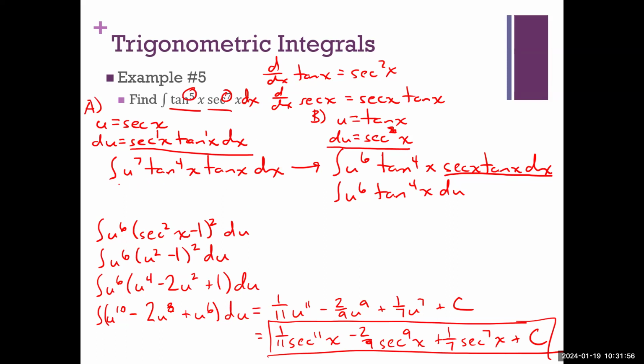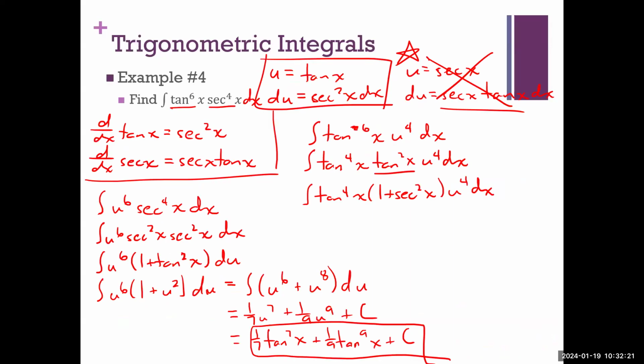So they both only depend on the parity of one of them, and I think this kind of accidentally is evidence for her argument: the fact that we had u to the seventh was not a problem. The fact is that we didn't leave ourselves a secant to refer to as du. So let's recap here.